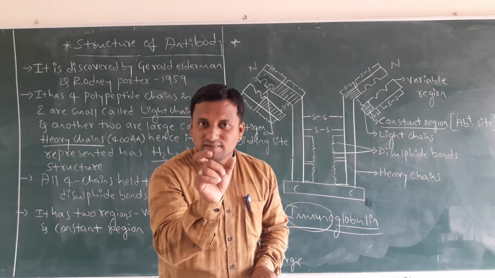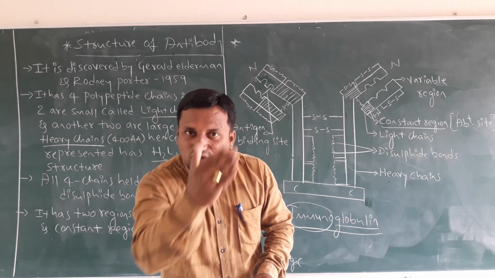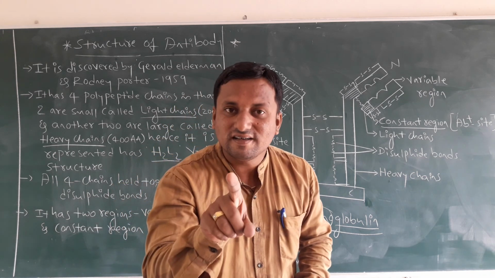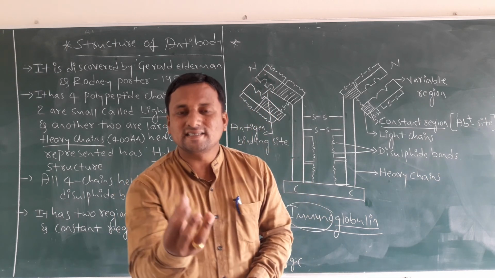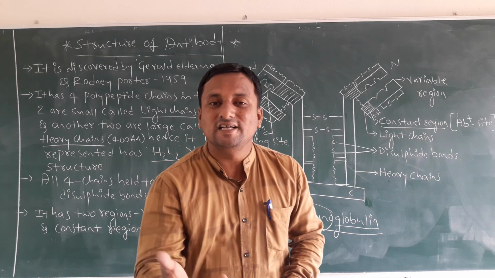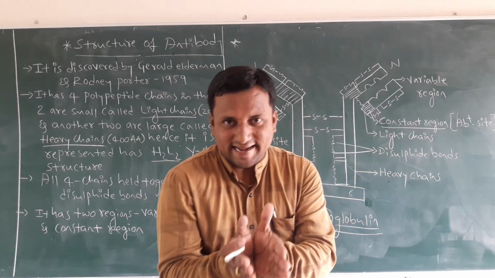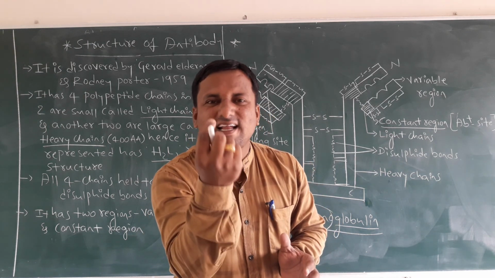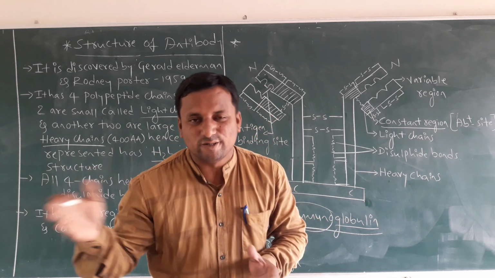Colostrum is a yellow fluid which is secreted during the initial stage of the lactation period. When does the lactation period start? After delivery, after childbirth. In the mammary glands, a light yellow fluid, yellow milk, is ejected out.